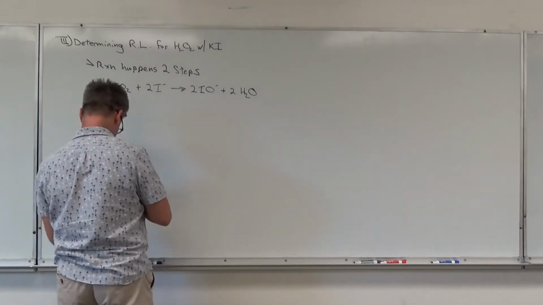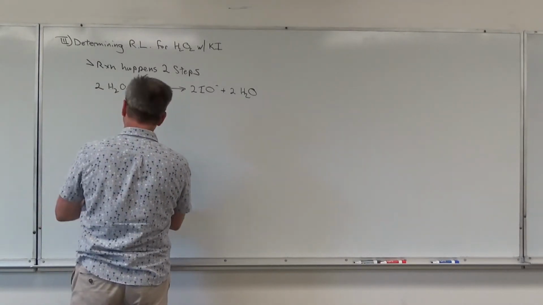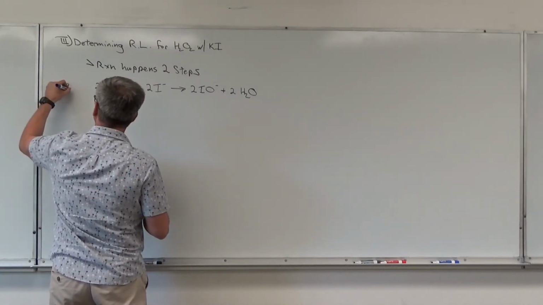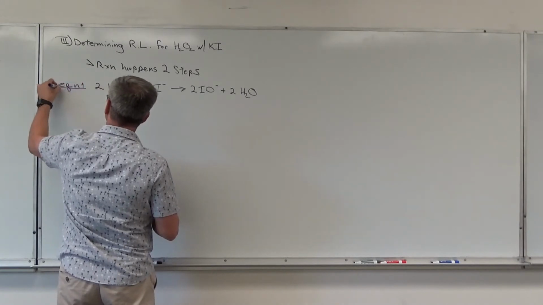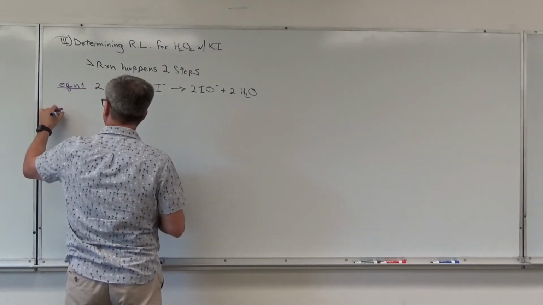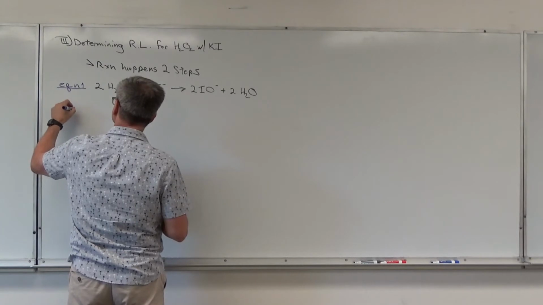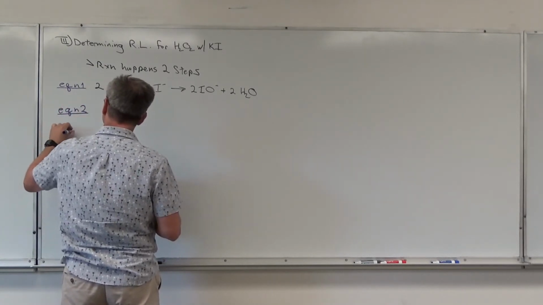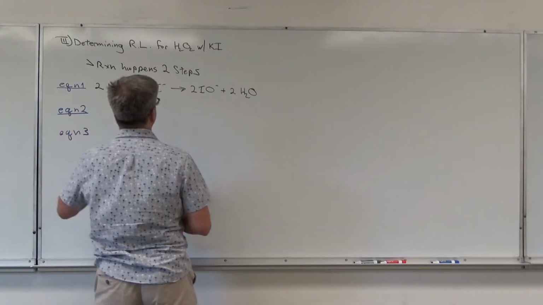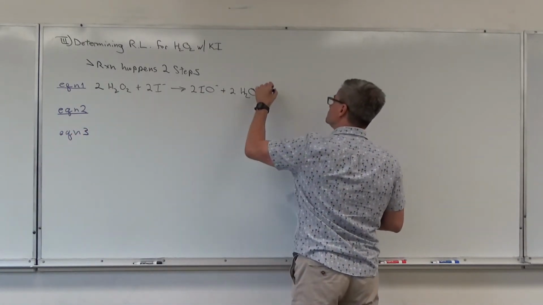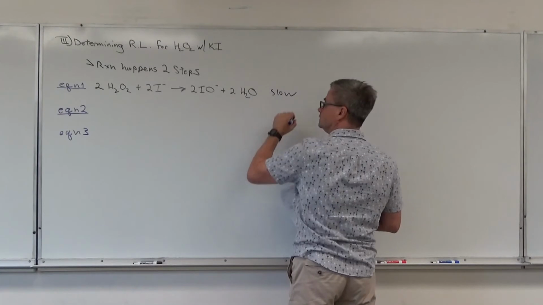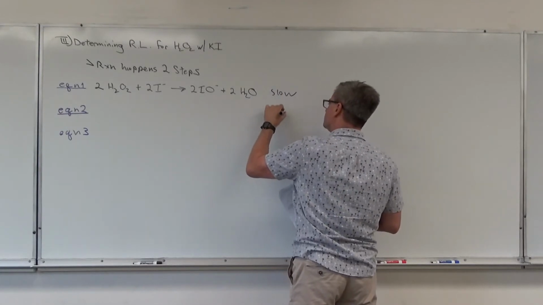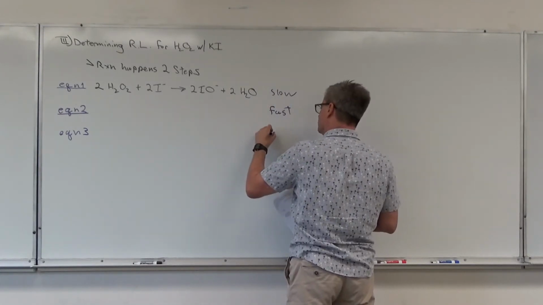So I'm going to call this equation 1, and we have equation 2 and equation 3. As we're going to see, this is the slow step, this is the fast step, and this is the overall reaction.